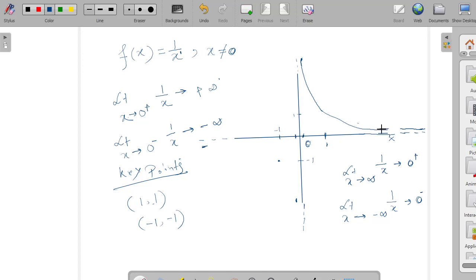Some problem while sketching the graph. It seems as if it is leveling off, but it will not touch the x-axis because this is the asymptote.